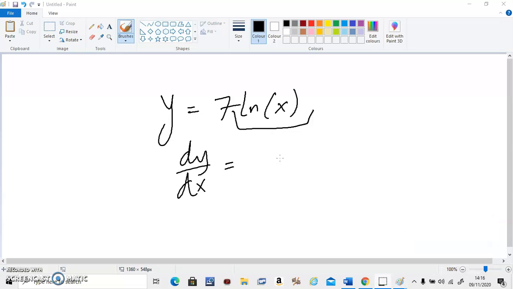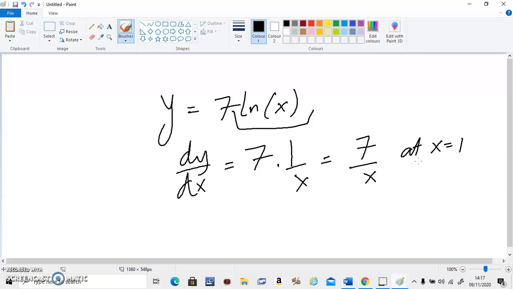So ln x becomes 1 over x. All you have to do is keep the 7 as it is, and in place of ln x, you write 1 over x. So you multiply 7 with 1, it should become 7 over x. Now if it says that x equals 1, in place of x you plug in 1, you should get 7 as your answer.